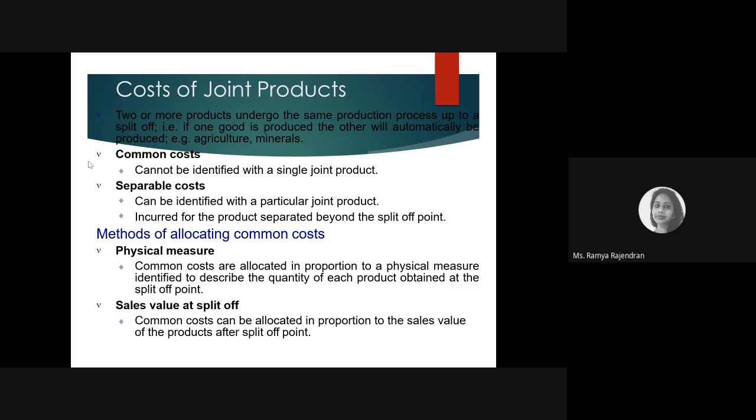Yes, you can do that, or you can also work it on the sales value, I mean how much sales value it is going to bring. That's how you can also work that out. Okay.